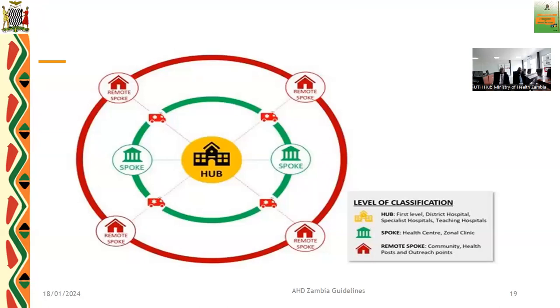A hub should be able to admit patients and provide quality care of AHD. The spokes can be like an urban clinic and the like. Then you can have a remote spoke, which is a community health post or outreach post. But even there should be some form of AHD services. You can see the ambulance there. The key is referral of patients to the hub and referral of samples. This is what we want to work out.